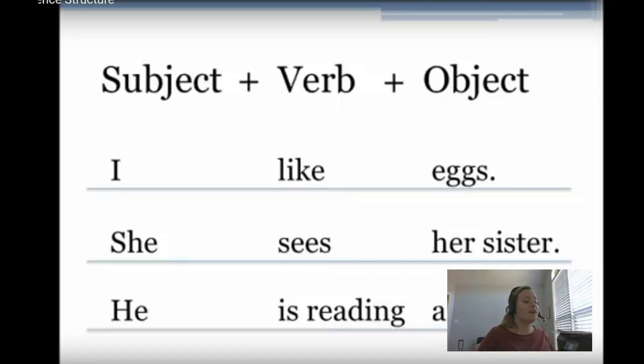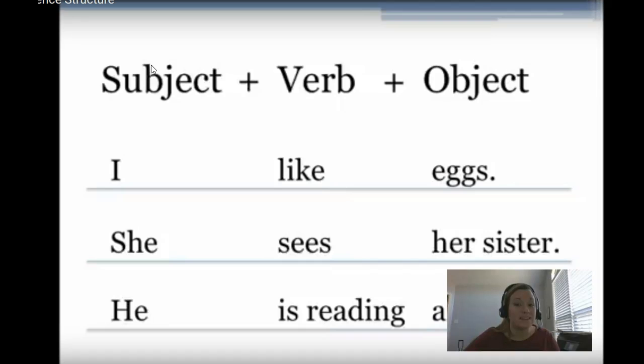What I really wanted you to understand from this is that when you're trying to figure out if a sentence is simple or compound, in a couple minutes, the first thing you need to look for, before you ever look for a comma or where the comma should go, is where the subject is. Are there multiple subjects? If there are multiple subjects, then there are going to be multiple sentences.